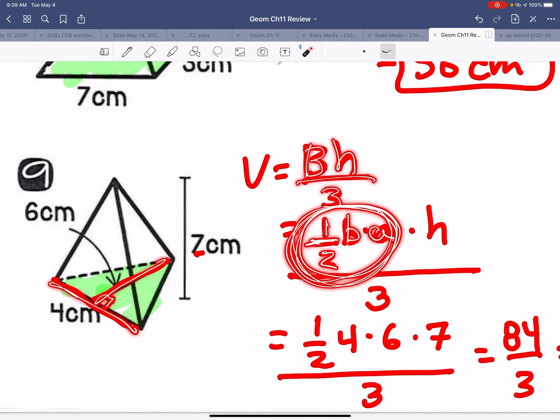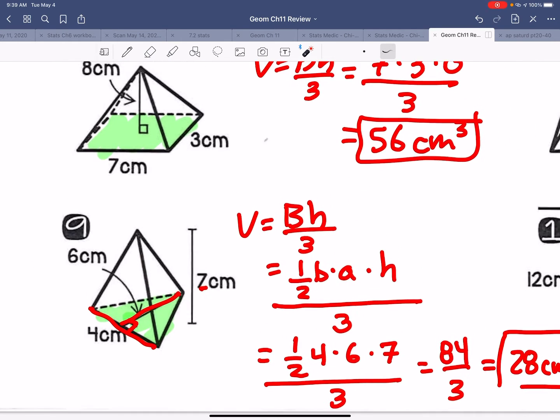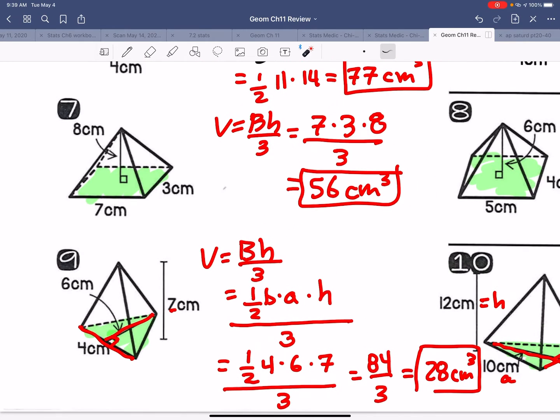So 1/2 the base of 4 and the altitude of 6. So 1/2 4 times 6. And then we multiply by the height of 7 and divide by 3. Don't forget, it's getting smaller. So we get an answer, 84 for the numerator and 3 for the denominator, gives us 28 centimeters cubed.